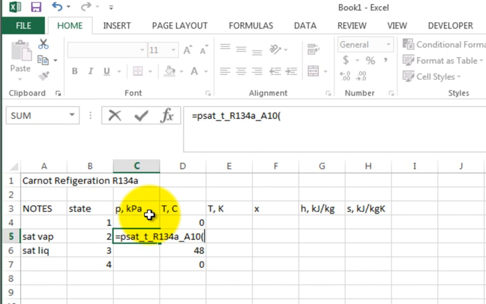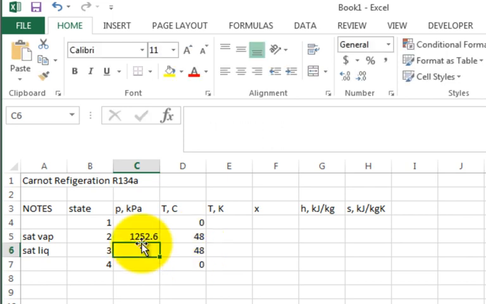This is another add-in. I'm going to push it up to Blackboard Learn, and you can use it just like the gas tables. I put this as out of table A10, so you should be able to do it both by hand as well as knowing how to use the software here. I'm just going to select that and then shove it underneath. And there you go. So it's around 1252.6 kilopascal.